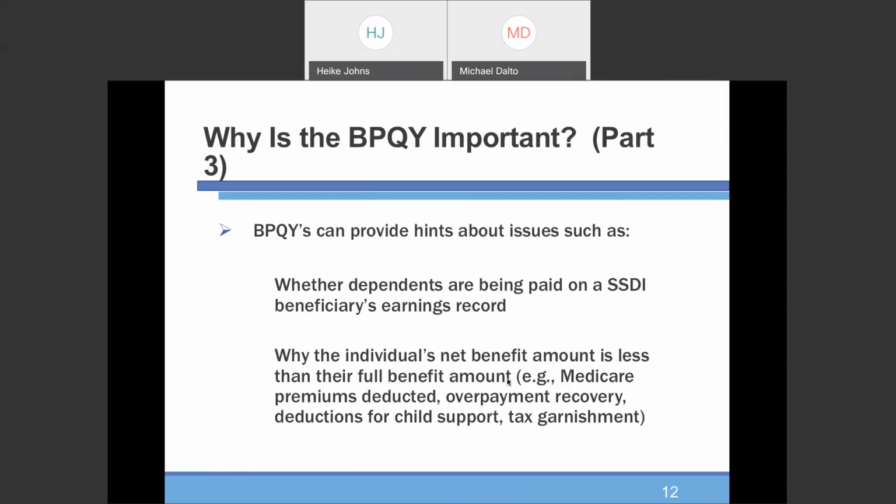And most common reasons would be that Medicare premiums are being deducted from their Social Security disability, or they have an overpayment and money is being deducted from their cash benefit to recover the overpayment, or perhaps they owe child support and money is being taken out of their benefit to pay child support, or they owe back taxes and their benefit is being garnished for taxes that they owe.